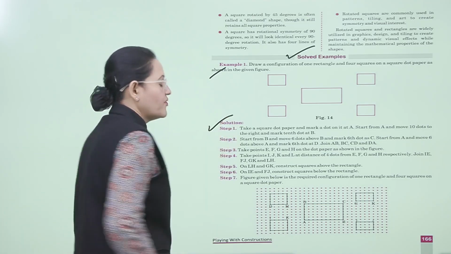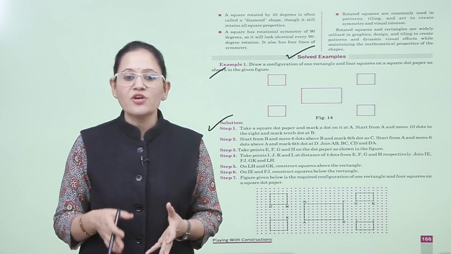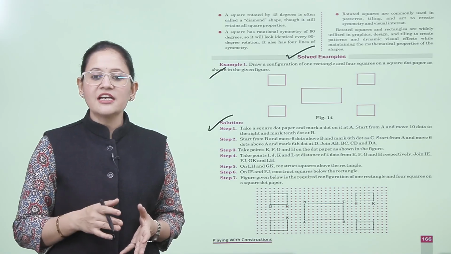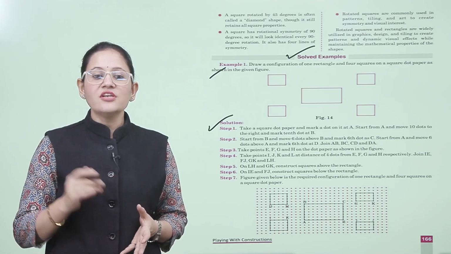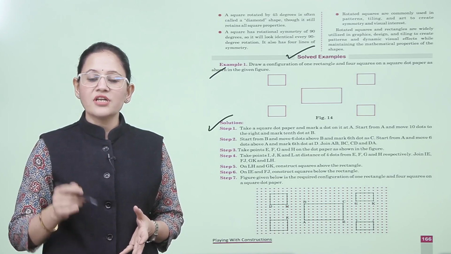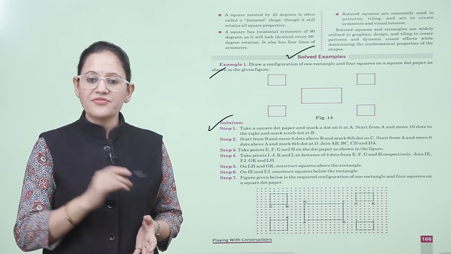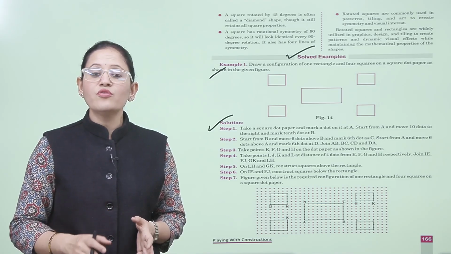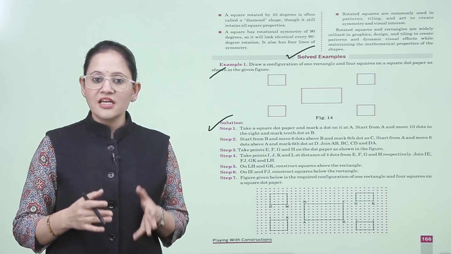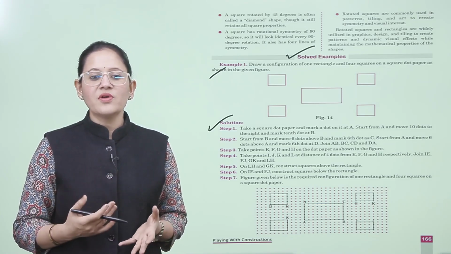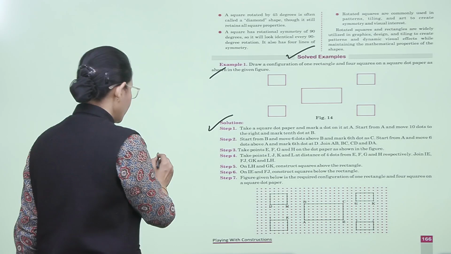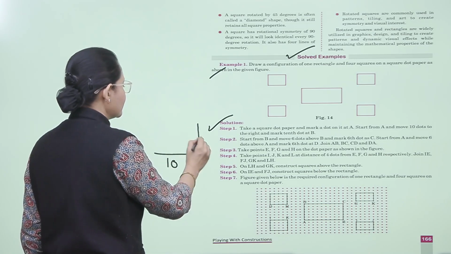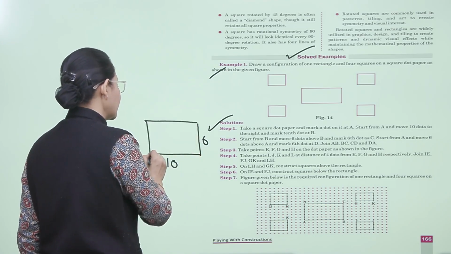Solution: first we will take a square dot paper and mark a dot on it at A. Start from A and move 10 dots to the right and mark the point B. Start from B and move 6 dots, because it is a rectangle, so its opposite sides will be equal. Like this it is 10, and then 6, again 10 and 6.